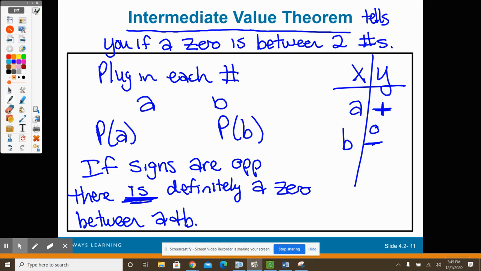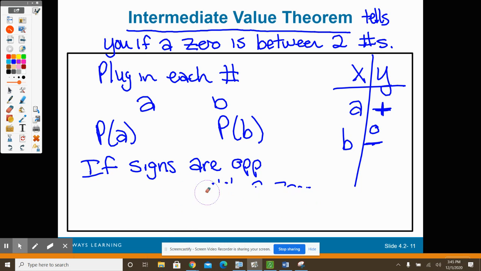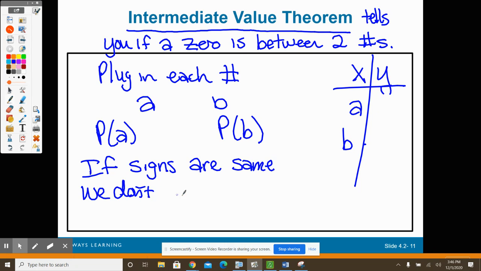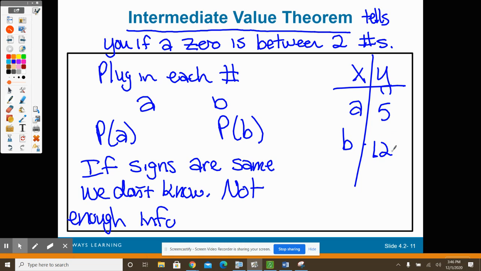Now, if the signs are the same, we don't know. There's not enough info. And I want you to think about that. If this was 5 and this was 12, you might say, no, there's not a 0 there.